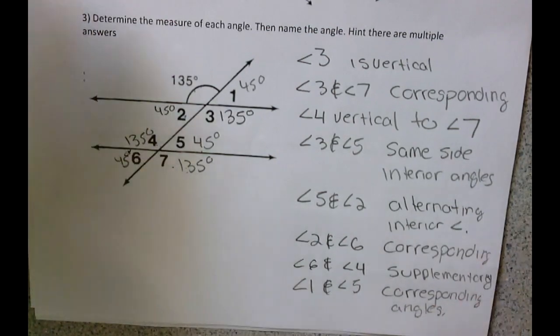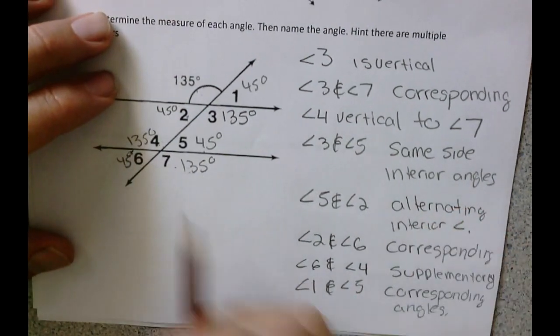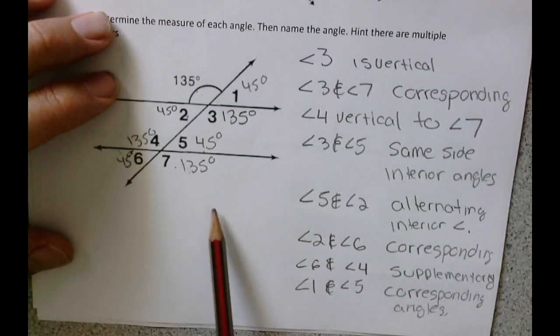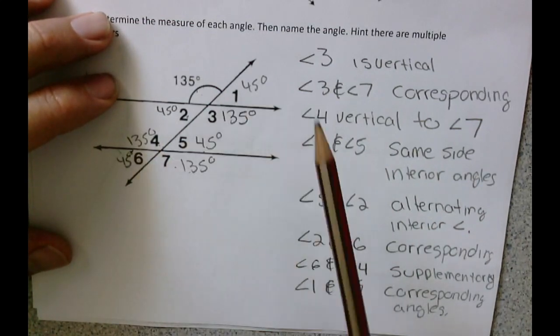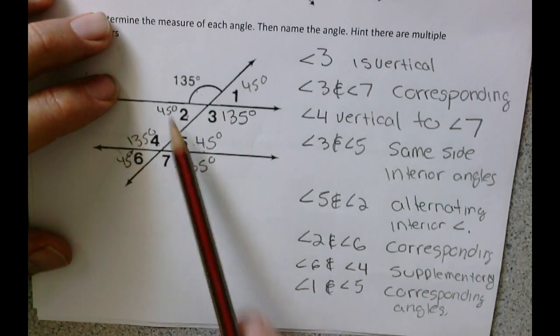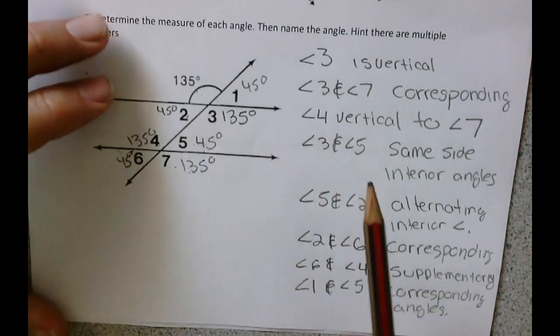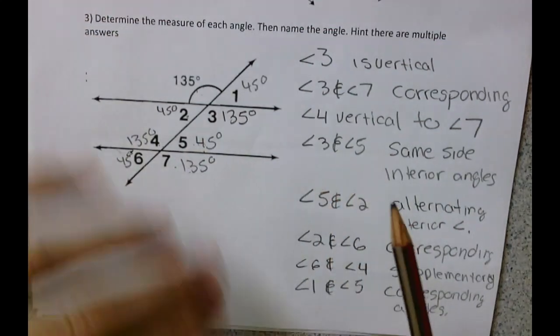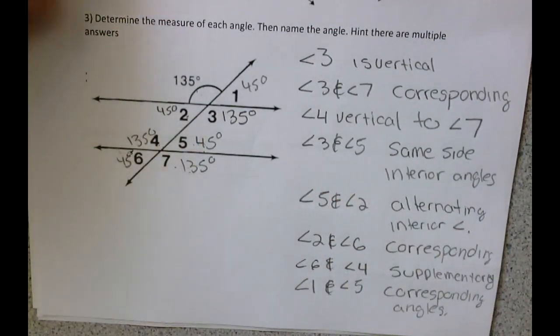So there's lots of different ways you can come up with answers for these. I didn't mention anything about alternate exterior angles, but 1 and 6 are alternate exterior angles. We have alternate interior angles. We have same side interior. We have corresponding. A whole bunch of the same things, but different. Okay.